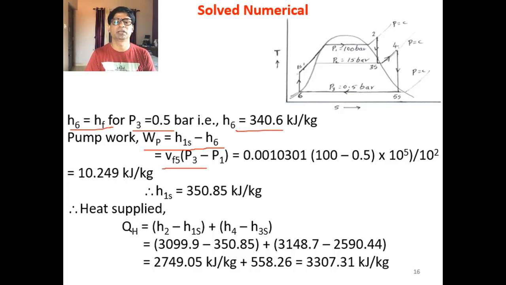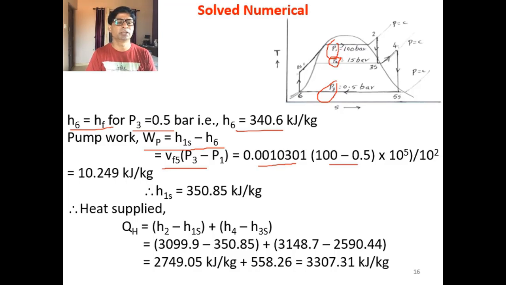So you can see it is P1 here, it is P2 here, intermediate pressure, and condenser pressure is written as P3. So if you substitute, so now VF at 0.5 bar you have to take this VF. VF5 is nothing but VF at 0.5 bar, or I can write it as VF6 also, no issues. Okay, and this is 100 bar minus 0.5, into 10 to the power 5 divided by 10 to the power 2.